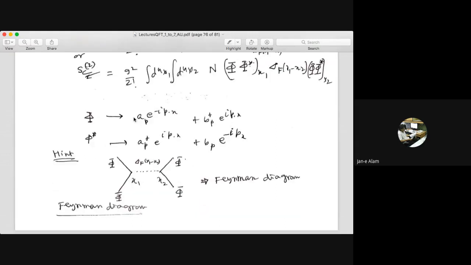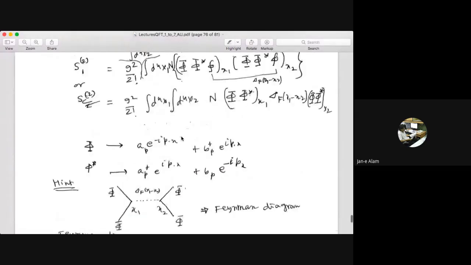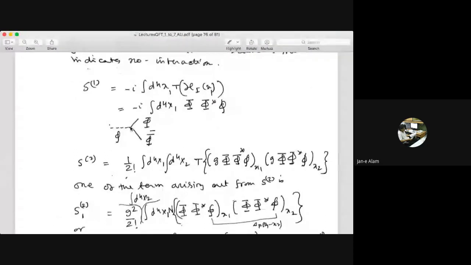Let us try to understand that. What do we mean by scattering? Let us say two particle to two particle scattering. So two particles come and interact at the point x1, and due to that interaction at x1, this propagator goes from x1 to x2, and then again two particles are created there. This is happening because this is the kind of vertex this interaction allows.